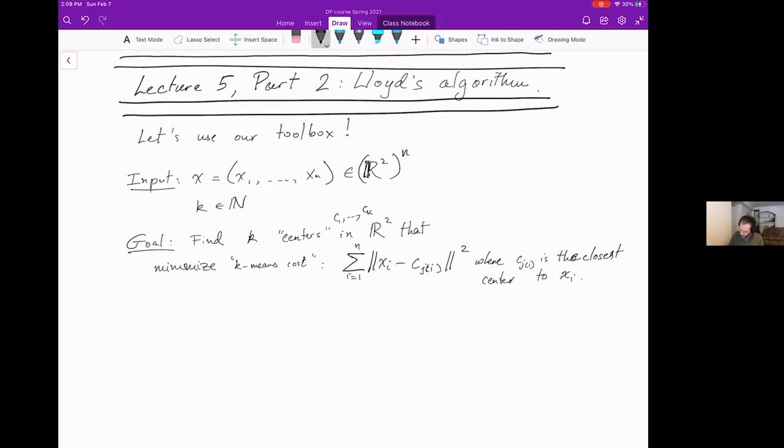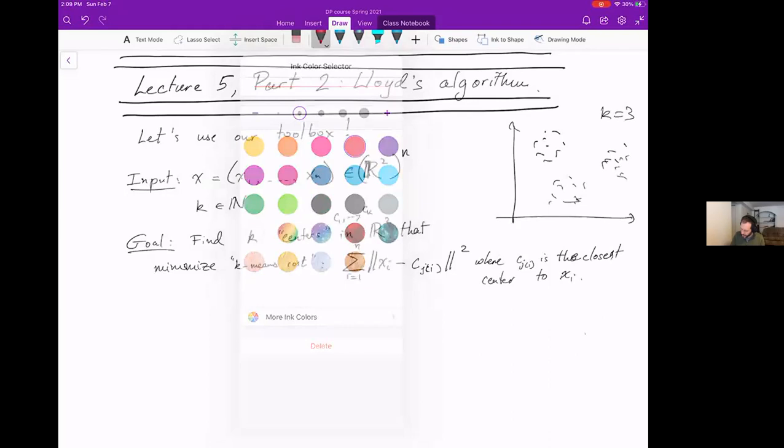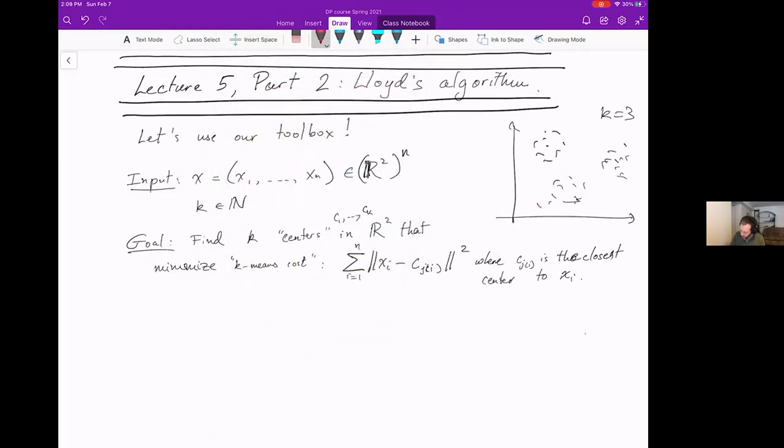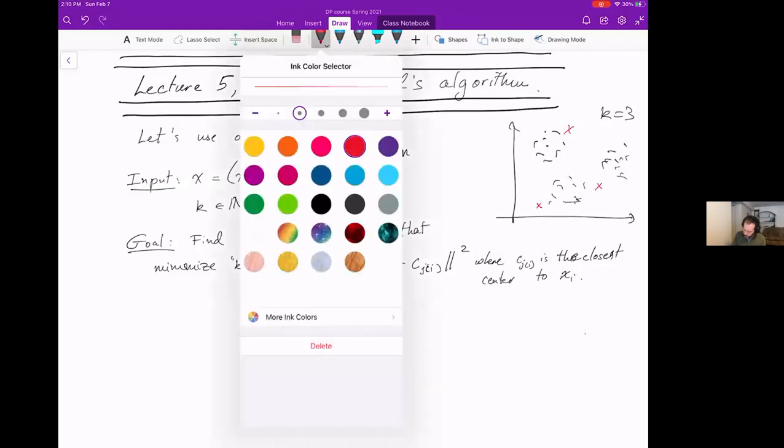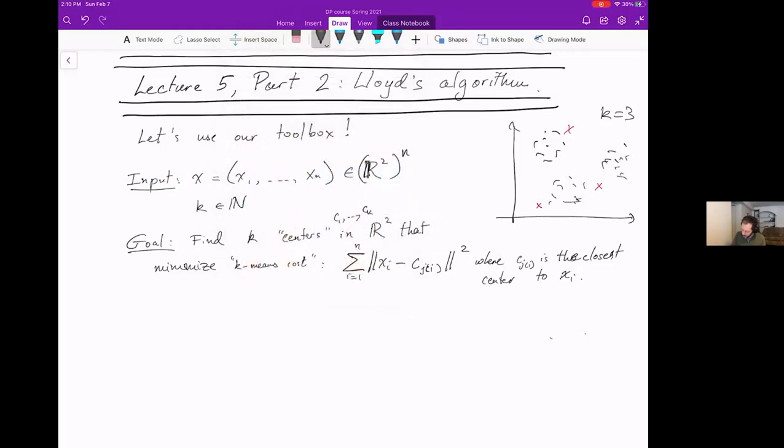So for example, suppose my data looks something like this. I've got some clouds of points, and we're in the case k equals 3. Suppose my centers were the following: one over here, one over here, and one over here. Then for each data point, I look at the distance to the nearest center.